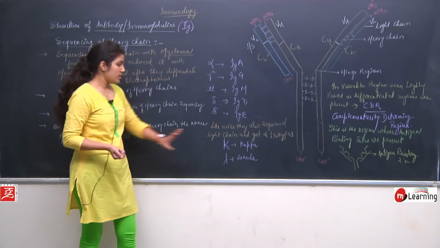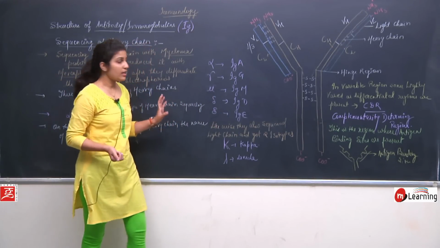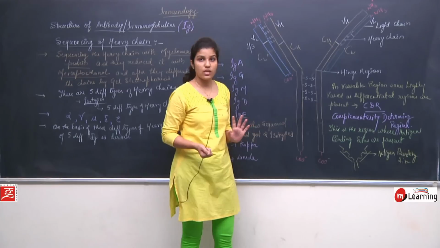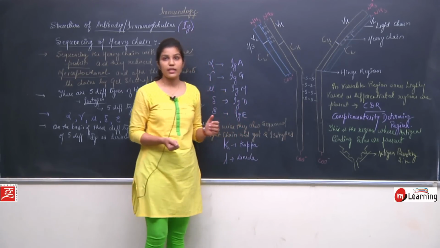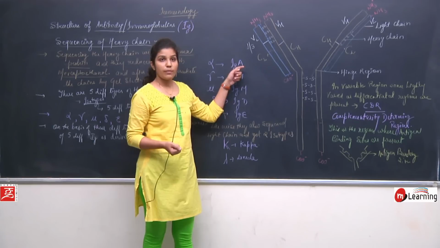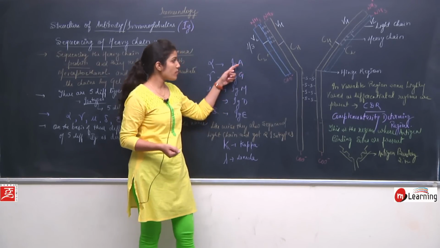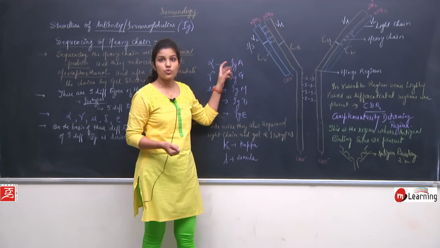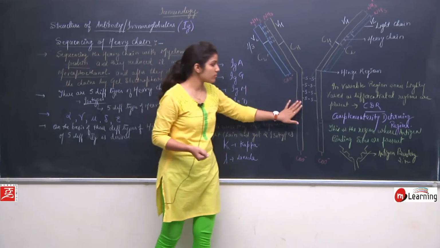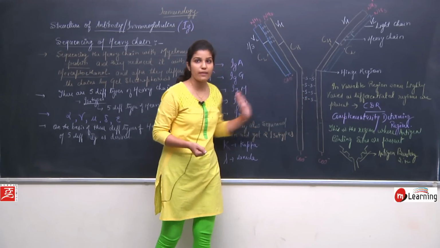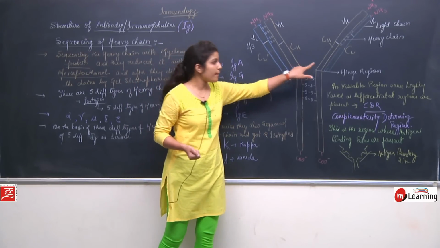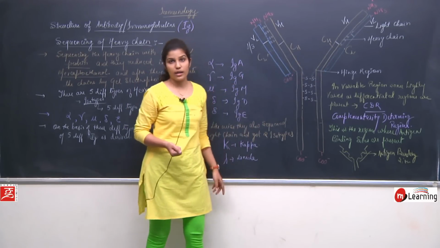Okay, and these will be identical. Like we have said that there are 2 heavy chains and 2 light chains. So in any of the immunoglobulins, in any of the antibodies, the combination will be 2 identical heavy chains, that is, here also alpha chain, here also alpha chain, and identical light chains, that here also will be kappa or lambda.